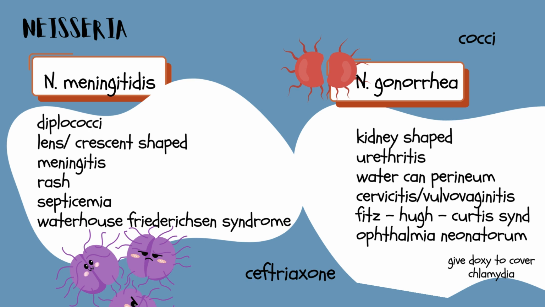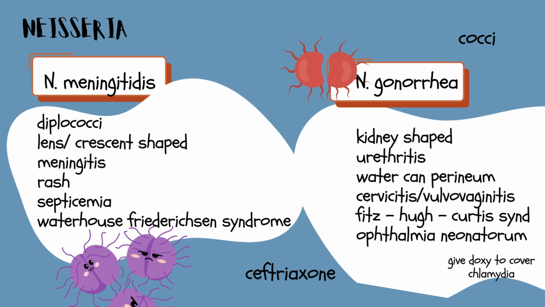It can cause Fitz-Hugh-Curtis syndrome, that is perihepatitis associated with UTI in women. That is called Fitz-Hugh-Curtis syndrome. And it can cause disease in neonates when there is vertical transmission. It can cause ophthalmia neonatorum, due to vertical transmission from mother to child, usually during birth.